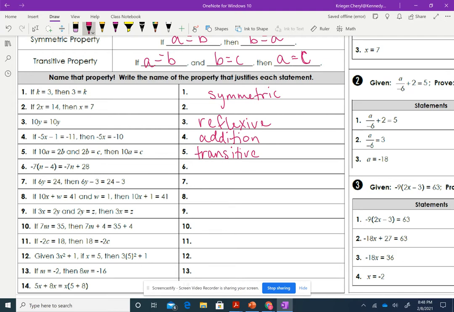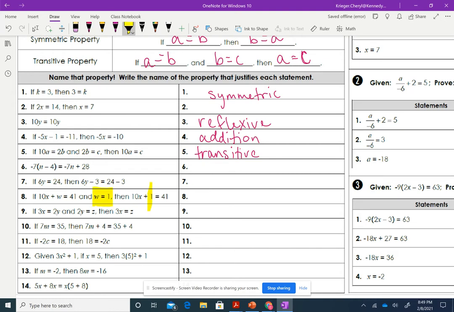Let's do something a little bit harder. How about number 8? If 10x plus w equals 41 and w equals 1, then 10x plus 1 equals 41. So what did they do?